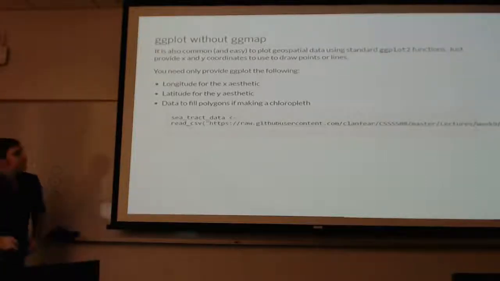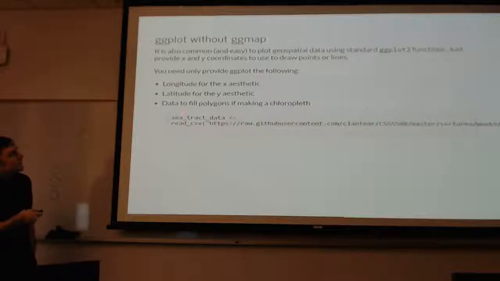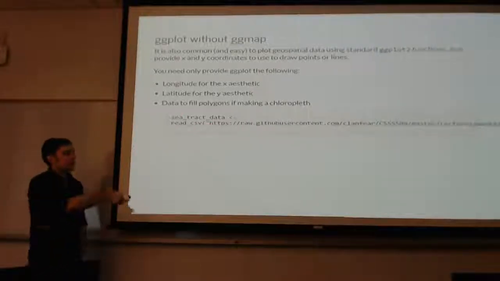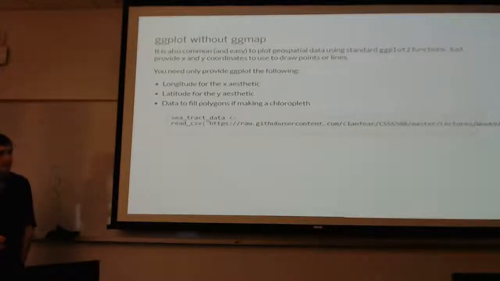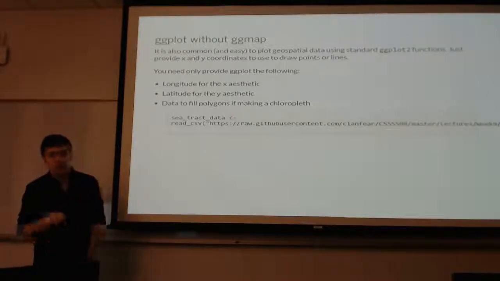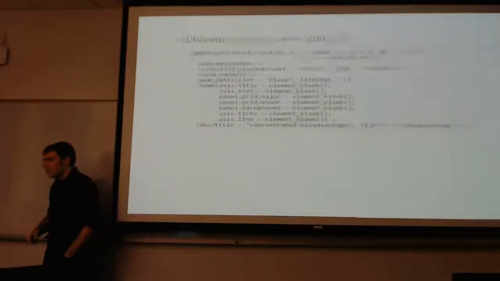So, what I've done here is I've grabbed the Seattle tract data. This is a subset of data from some of my field experiment work that I'm going to plot on a map using normal ggplot.